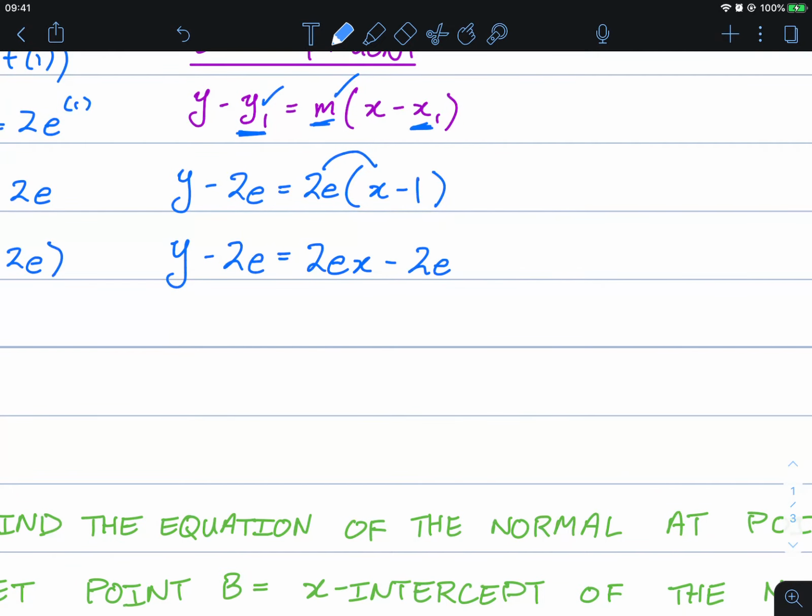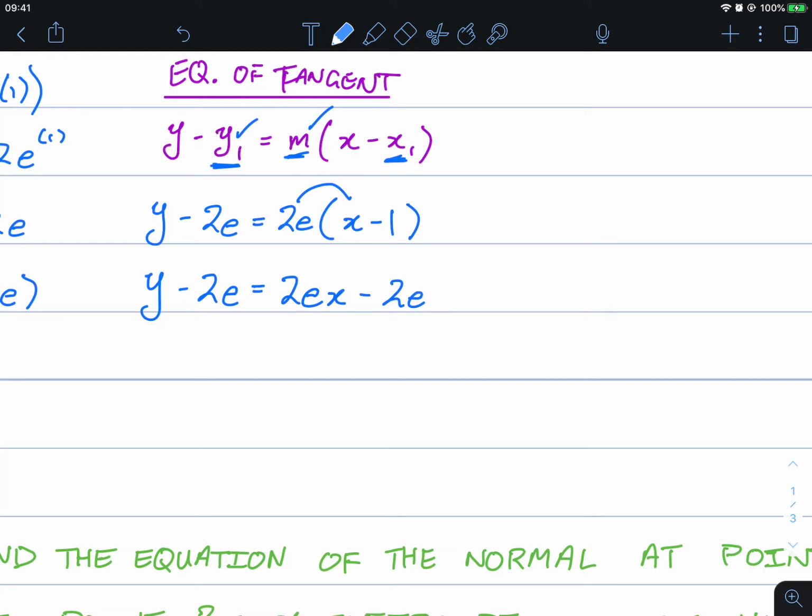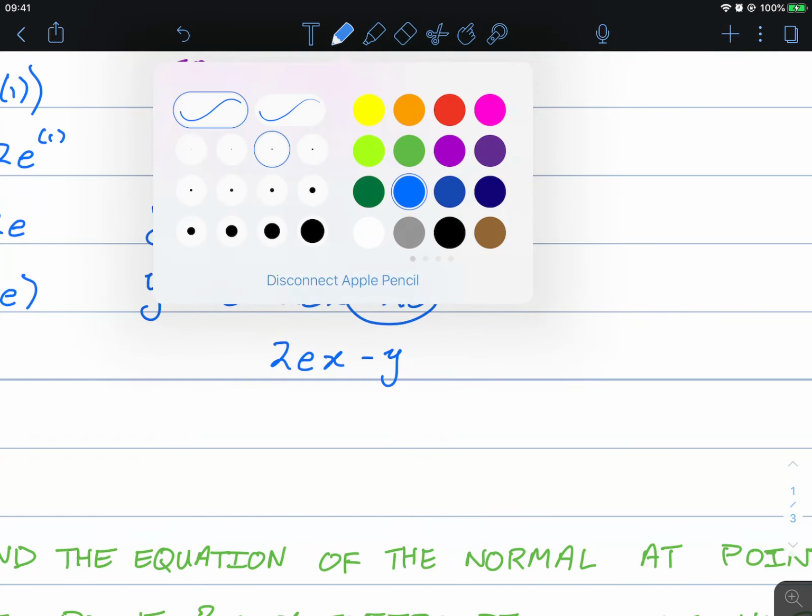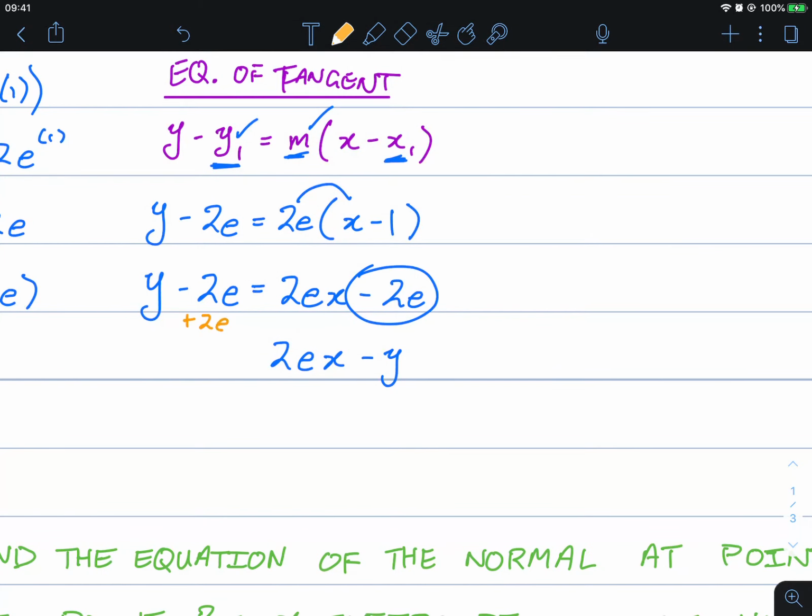Let's leave this in general form, so let's move the y and the 2e across. So it will be 2e times x minus y, that's negative 2e, and by moving this to the other side, we're adding 2e to the other side, so those two cancel, leaving us with this equation of the line.